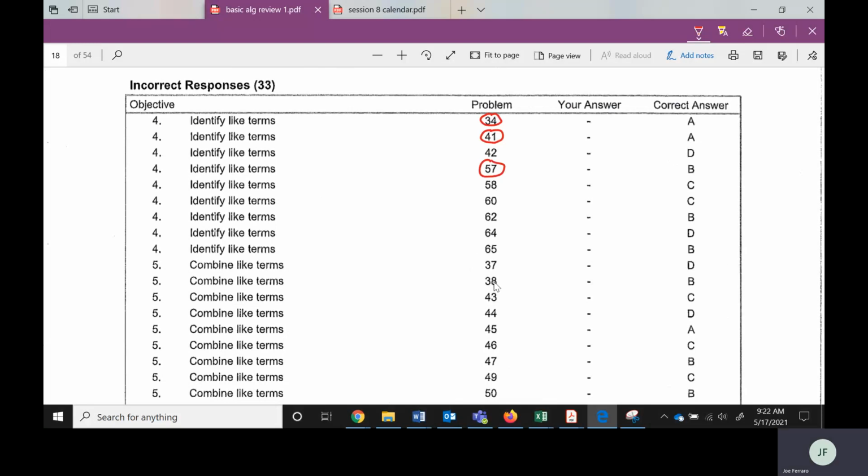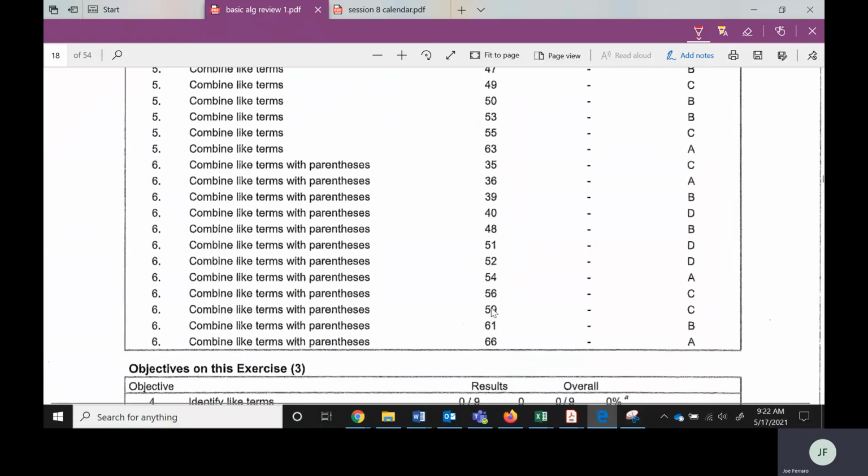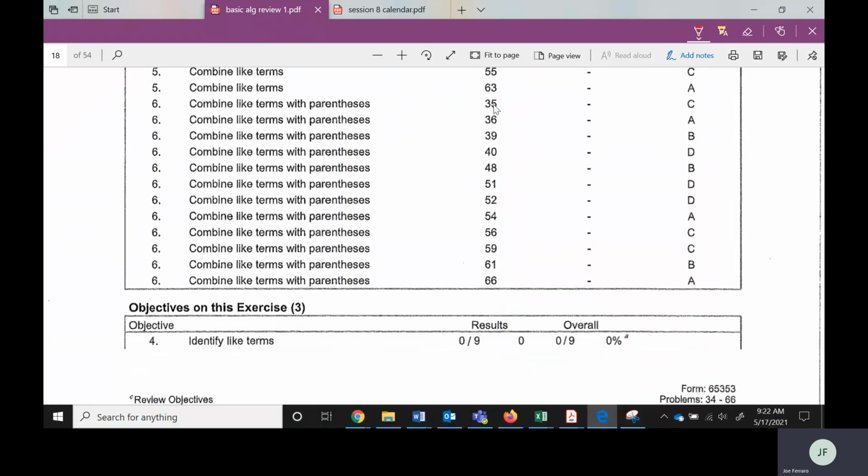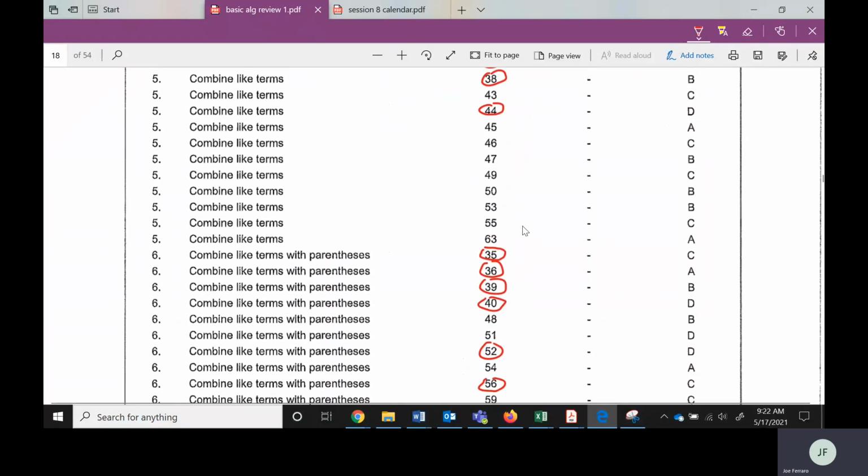We did 64, 37, 38, 44. A bunch of them down here. Did 35, 36, 39, 40, 52, and 56.